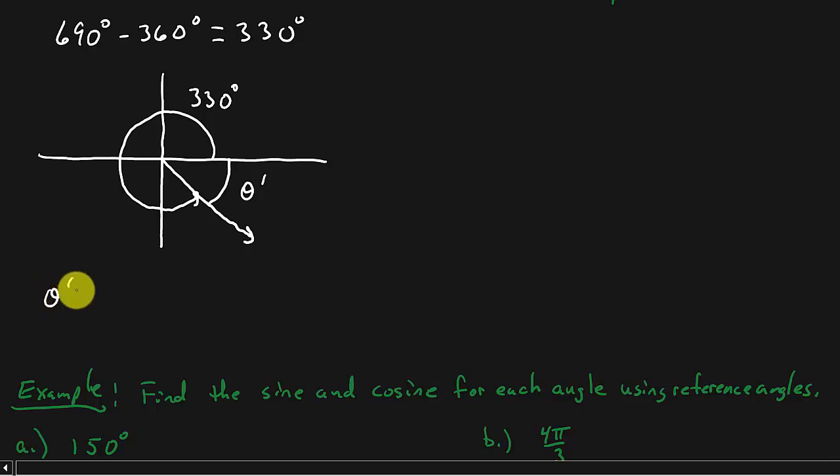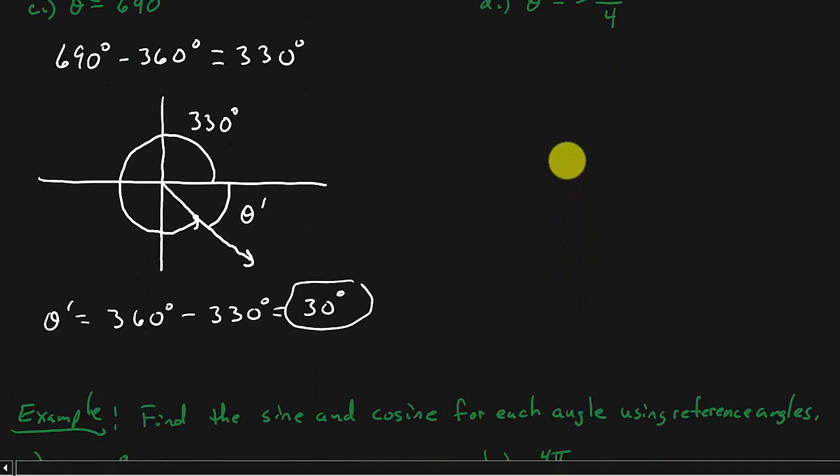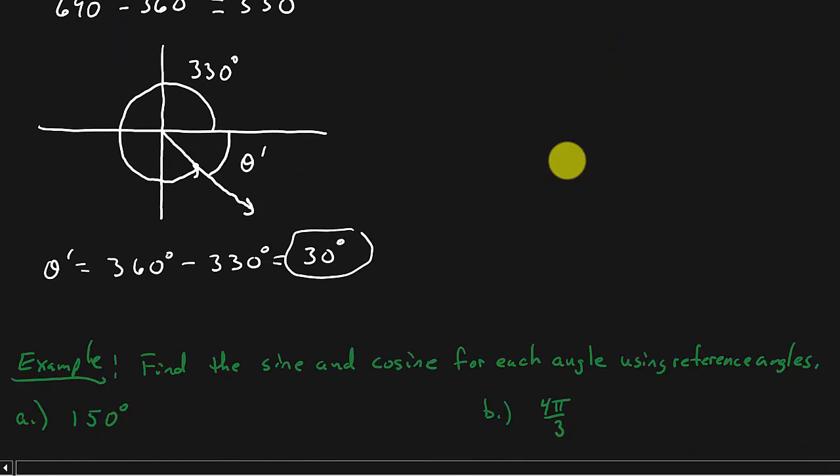So the reference angle, that is what? That's going to be go all the way around to 360, and I'm going to subtract off the 330. And so that is 30 degrees. And then once again, what would 30 degrees be in radians? Pi over 6.